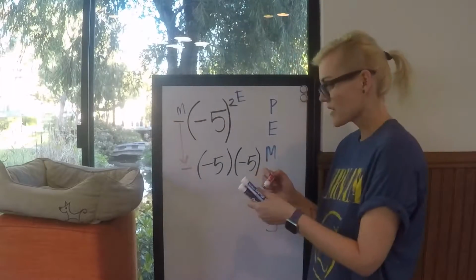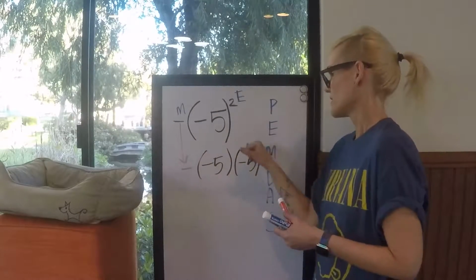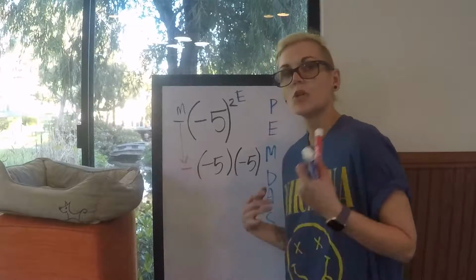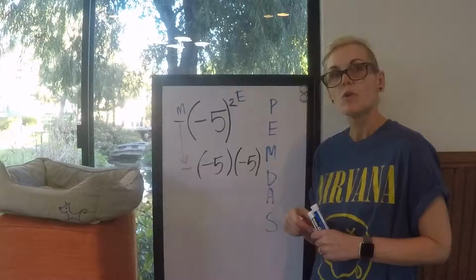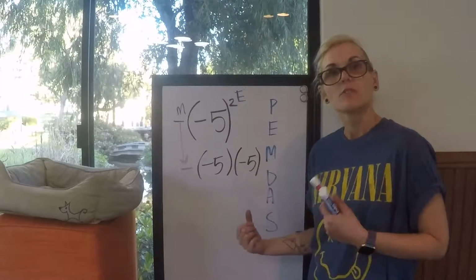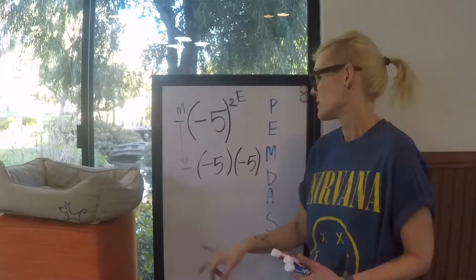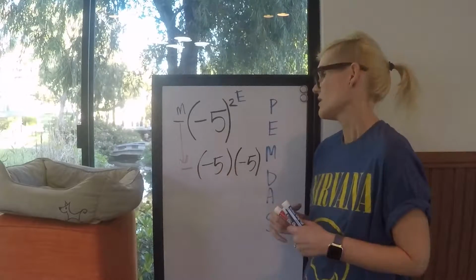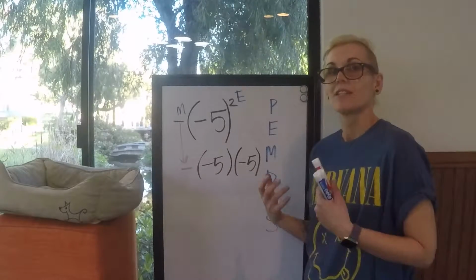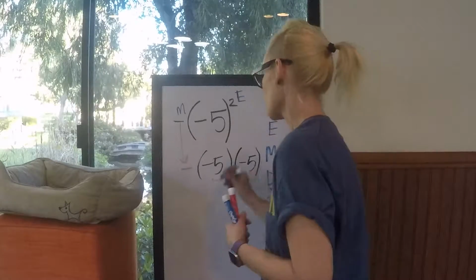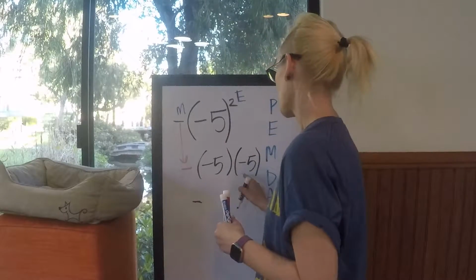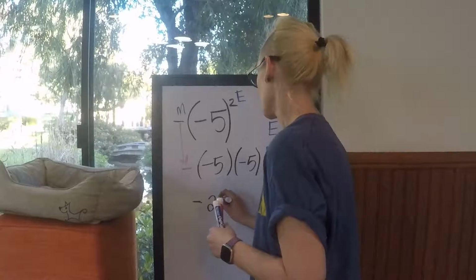Okay? So I could either multiply this together and then multiply by this, or I can just use that rule that we used in the previous video where I can add the number of negatives to figure out if it's going to be negative or positive. 1, 2, 3. That's 3 negatives. I mean, that's an odd number of negatives. That means my answer has to be negative. 5 times 5 is 25. Okay?